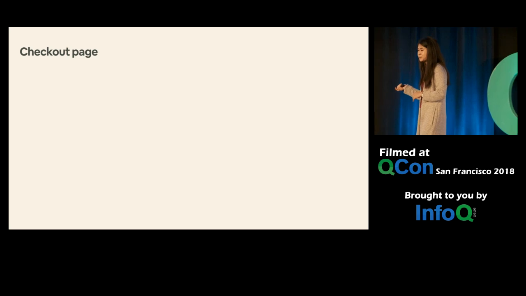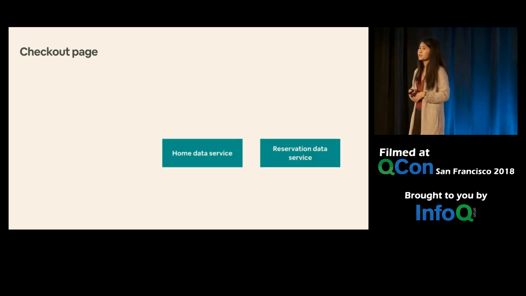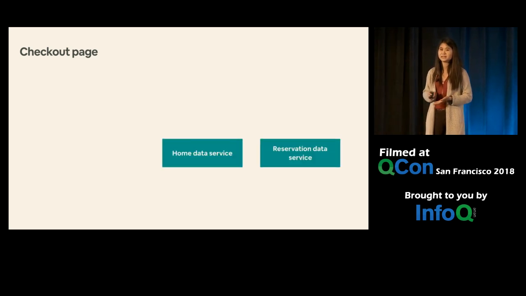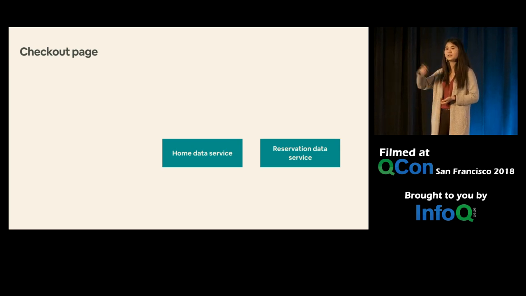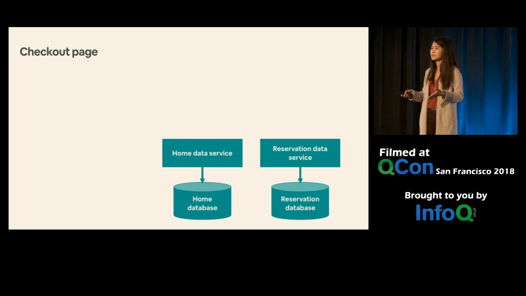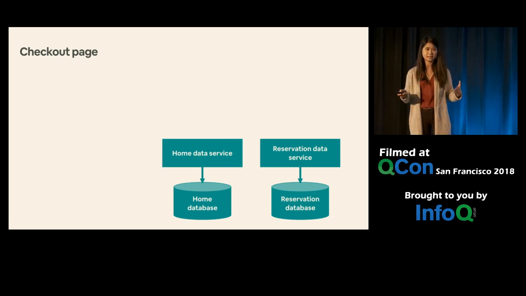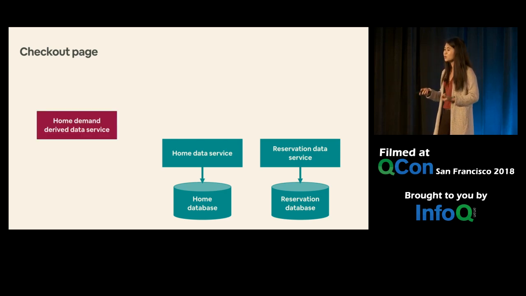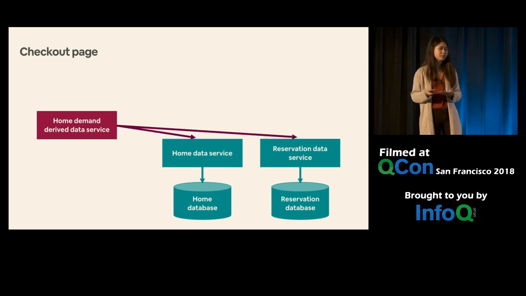Let's look at an example from the checkout page. There are many data services involved in that feature, including the reservation data service and the homes data service. They each read from their own separate, isolated databases that those servers are the only ones that have access to. A homes demand derived data service hydrates from these services.